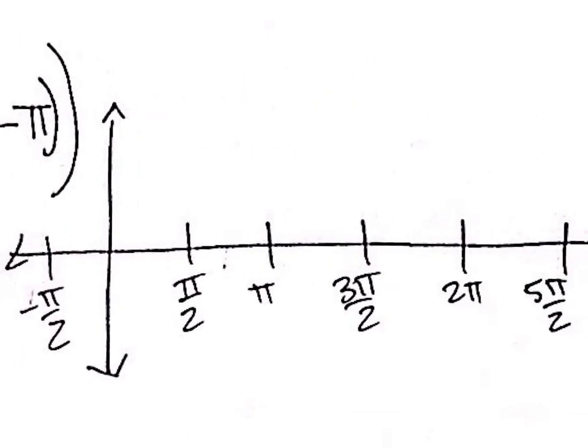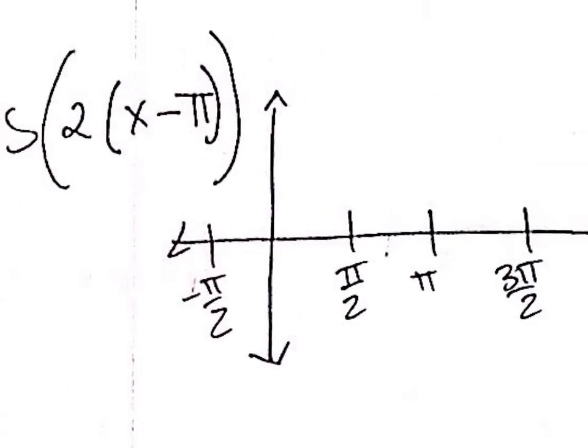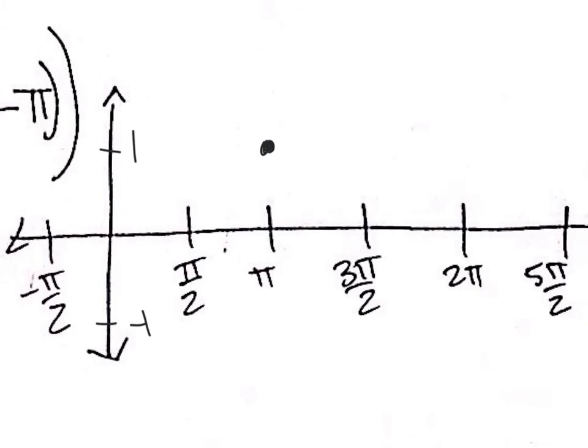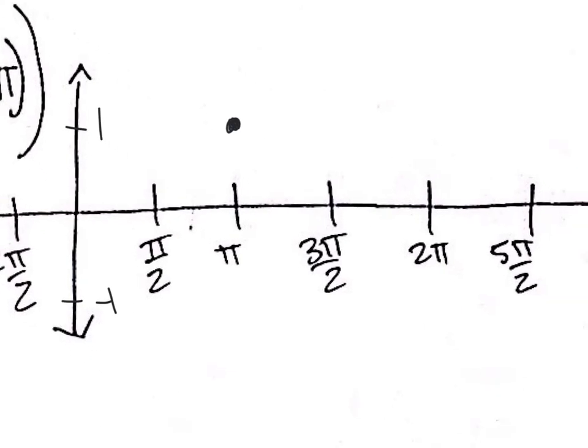So we go to the right by pi, and what is this? It's a cosine graph. So here's our 1, -1. At pi it starts up at the top, and then instead of going top, middle, bottom, middle, top, from here to here it's going to repeat itself. So it's going to go middle, down, middle, top.